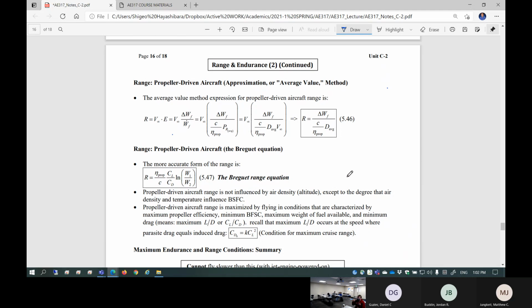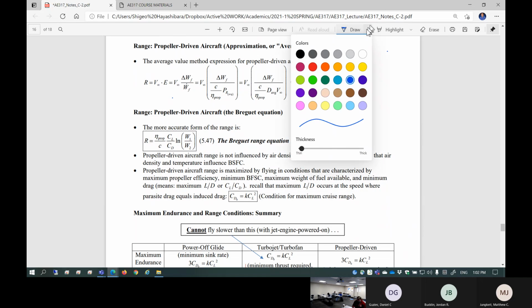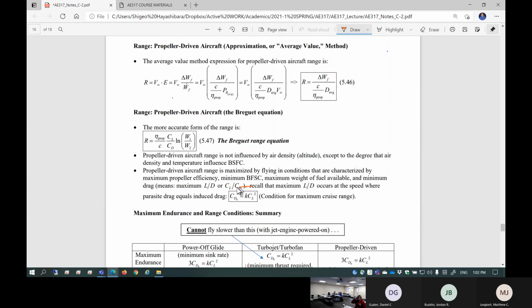Now, what is the condition for maximum range for propeller-driven airplane? Quite important. This is different from turbojet, turbofan. So obviously, lowest drag, optimum lift to drag ratio, parasite is equal to induced. This is the condition for maximum range. Then you go like, wait a sec.